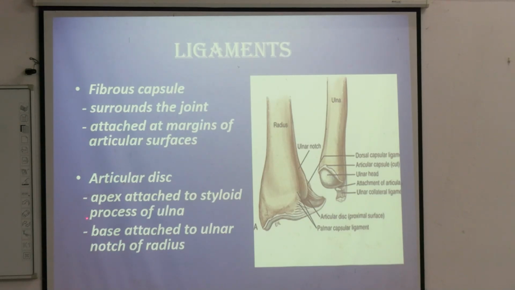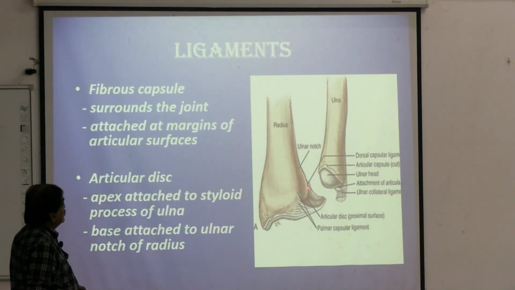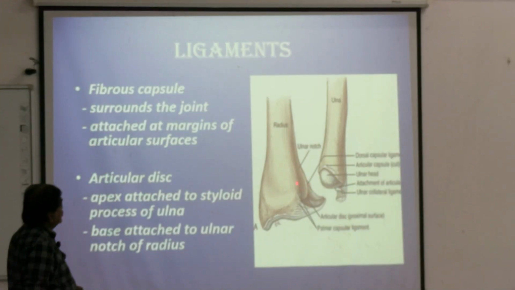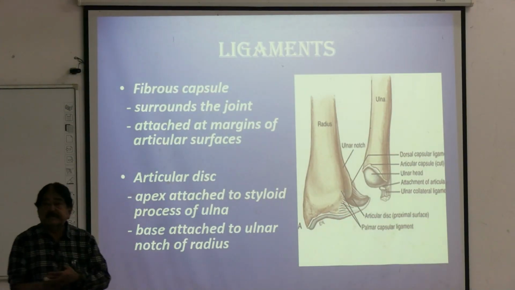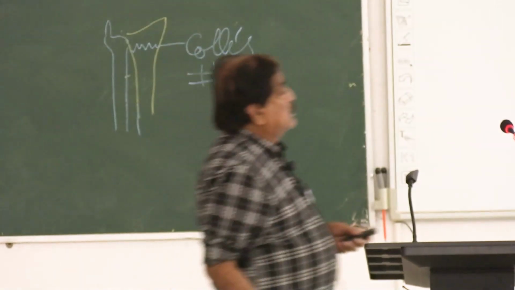Base attached to the ulnar notch of the radius. This is the capsule. This is the ulnar notch. The ulna articulates here, the head of the ulna, and articular disc, proximal surface, and palmar capsule ligament. Now the rest is the palm of the hand. Okay. There are numerous bones which will be taught to you.